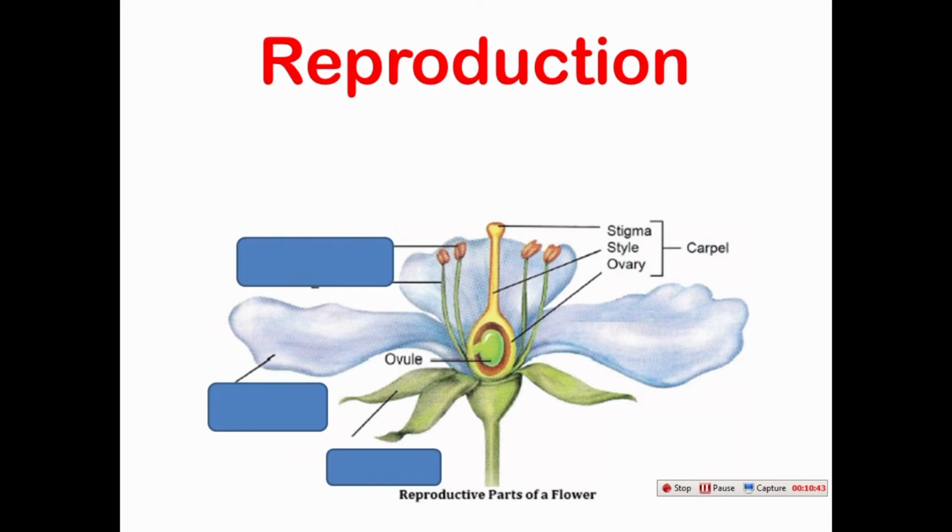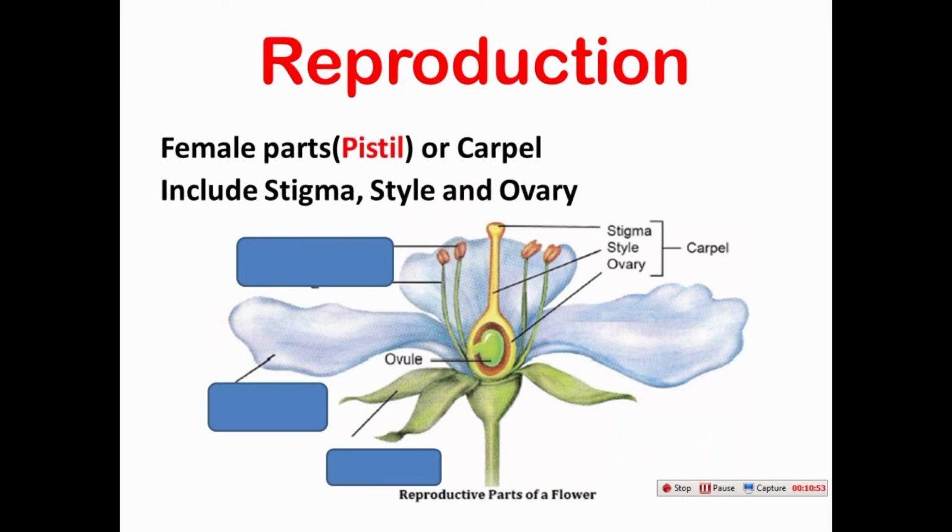We call that pistil or carpel. Pistil or carpel includes stigma, style, and ovary. In the ovary, inside there's the ovule.